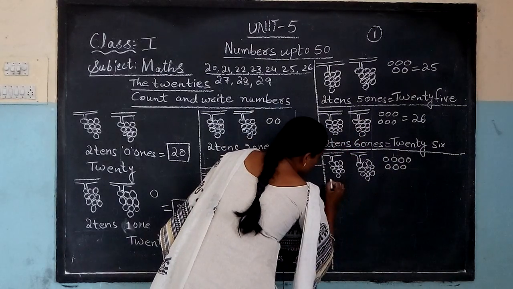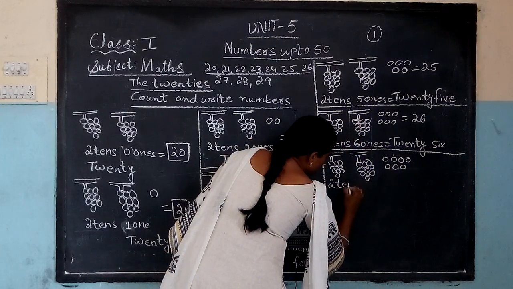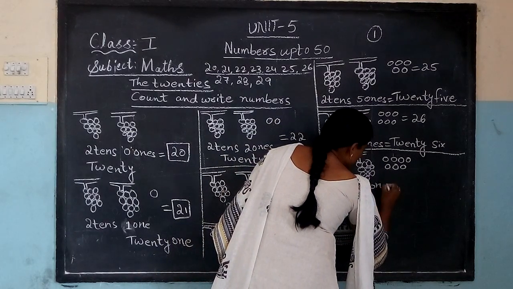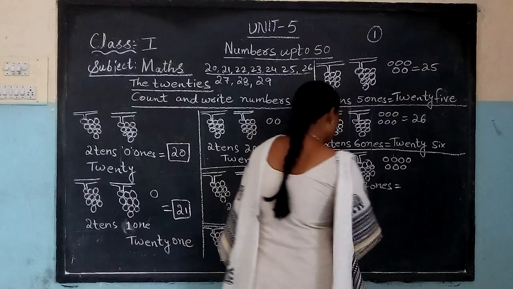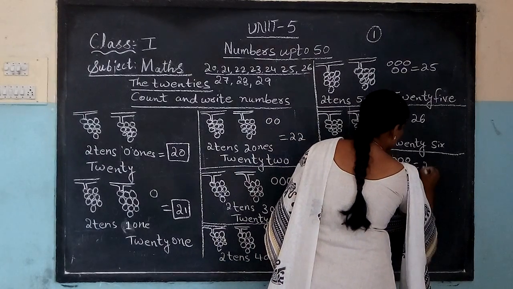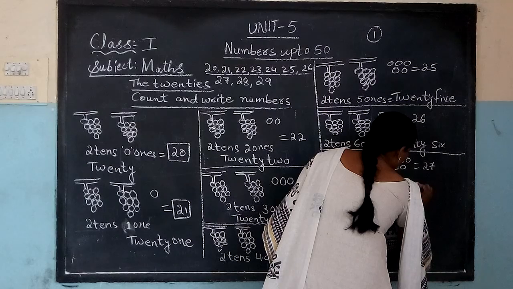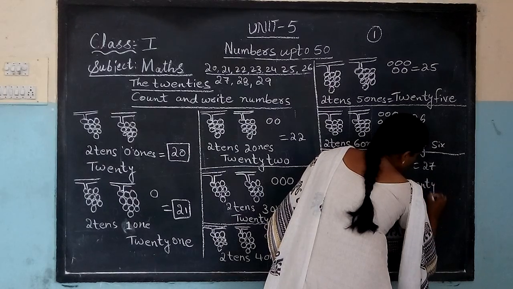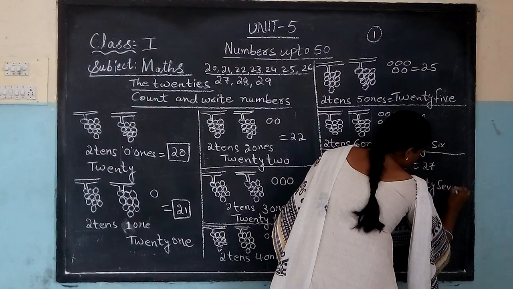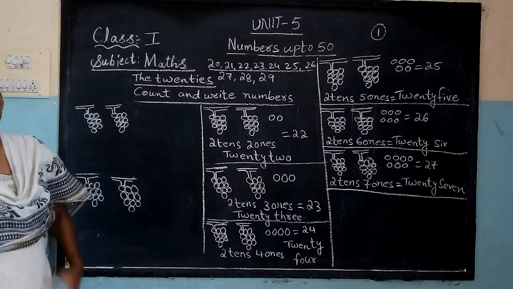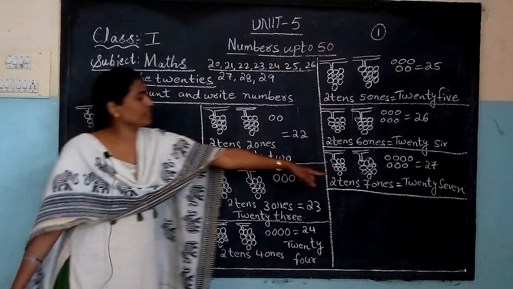What number did it become? 2 tens and 7 ones is equal to 27. Number name of 27, TWENTY, 20, SEVEN, 27. 27 is completed.